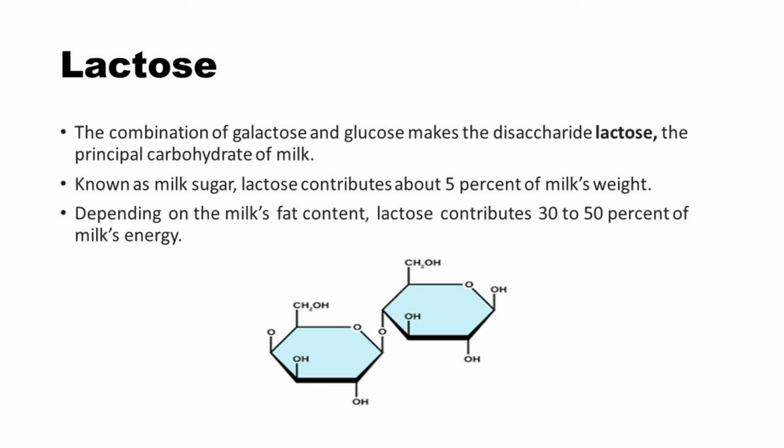Galactose is transported to the liver, where it is turned into glucose for use in energy production. Because of the critical nutrition that lactose in breast milk provides to infants, we are born with the ability to produce lactase.